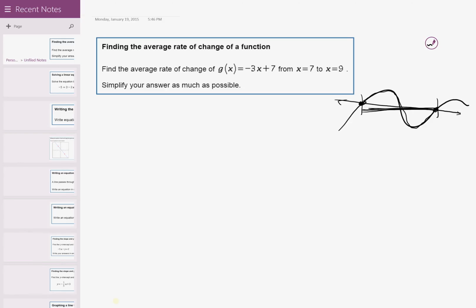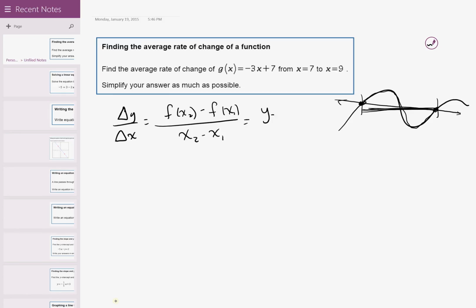So the formula for this, I'm going to use f because that's our standard function notation, is the change in y over the change in x, or in other words, f of x2 minus f of x1 all over x2 minus x1.